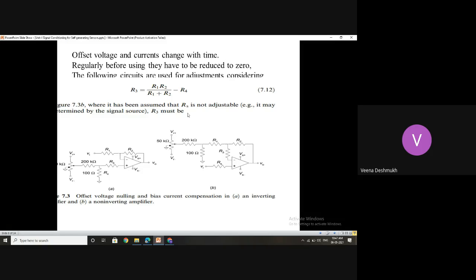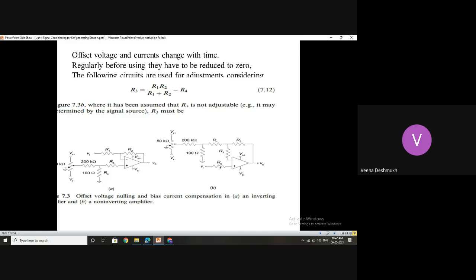Because RS has to be always considered, the source resistance. This cannot be adjusted. This is coming out of the device. So the device resistance, the effect can be nullified, but the resistance cannot be made equal to 0.